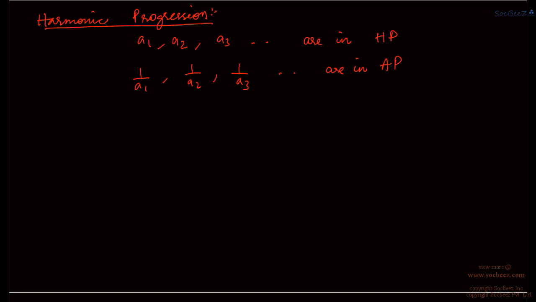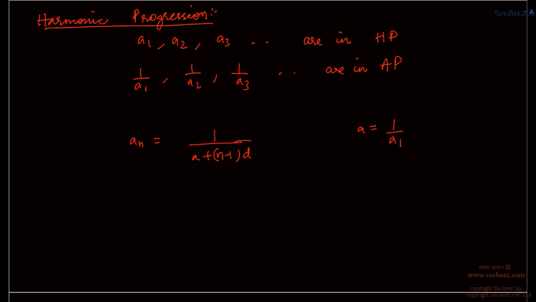Now, since we have the second series in arithmetic progression, we can easily find out the common difference, and we can also find out a formula for them, right? So using that, we can write the nth term of a harmonic progression, and this is how it is written: an is equal to 1 by a plus n minus 1 into d. Note that we didn't define what a is, we didn't define what d is.